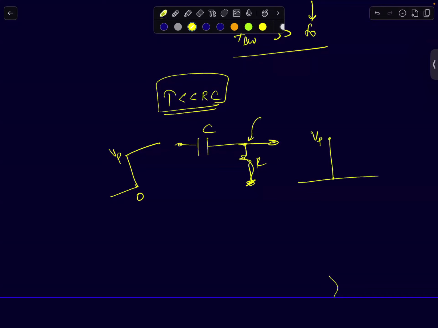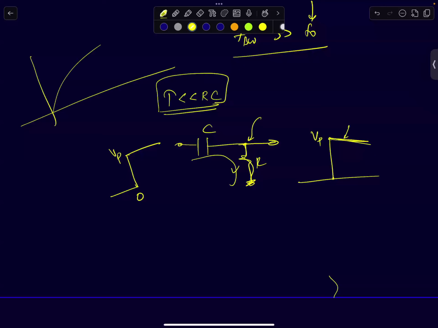Then the resistor will slowly start drawing current and the capacitor will be charged. But because the time period is so small compared to the time constant, you can almost treat it like a linear discharge. Remember, a first order charging or discharging will be very slow, so it will be a very, very slow, linear discharge.